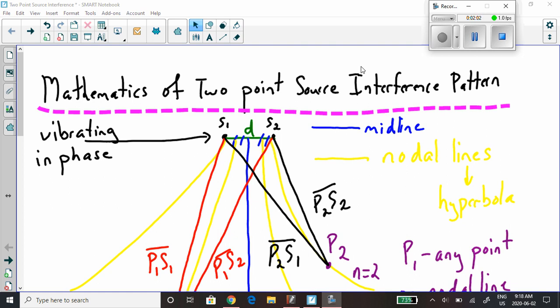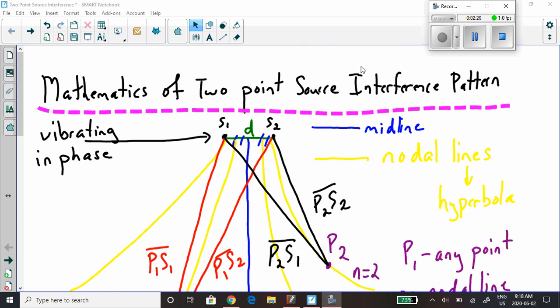Then we were looking at interference of sound waves, and we played with tuning forks. We twisted them around and noticed sometimes it was loud, sometimes it was soft. I believe I had you kids walk in front of two speakers, and there were your two sources of sound waves, the two speakers.